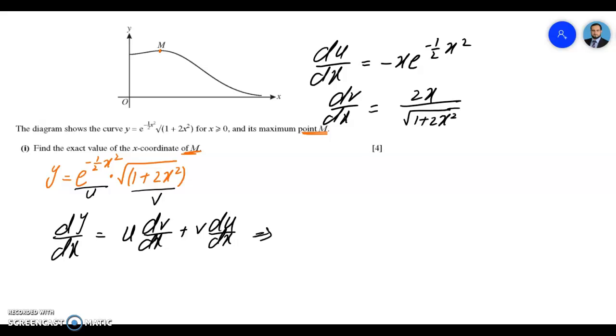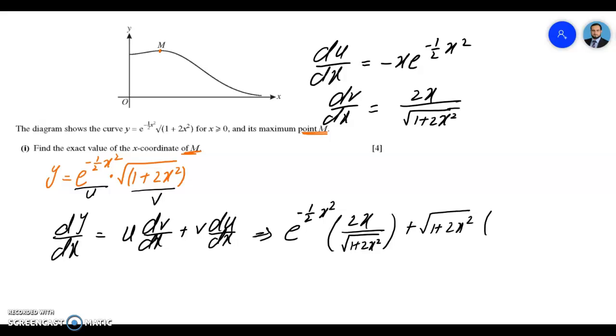From here we know u is e to the power of negative half x squared and dv by dx is 2x over the square root of 1 plus 2x squared, plus v stays as it is, and du by dx is negative x e to the power of negative half x squared.